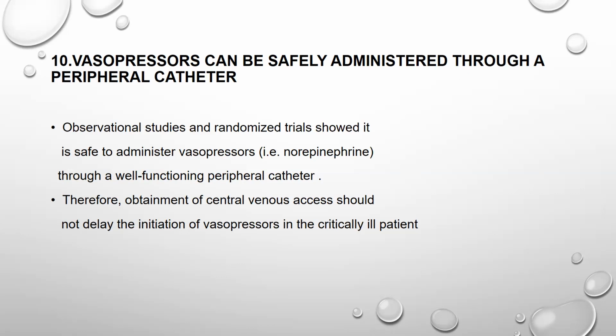If you wait to insert a CVC central line, this might take time, and this time is very crucial for the patient. So you better start your inotropes and not delay their initiation because your patient doesn't have a central line. You can still give the patient doses of inotropes through the peripheral line.